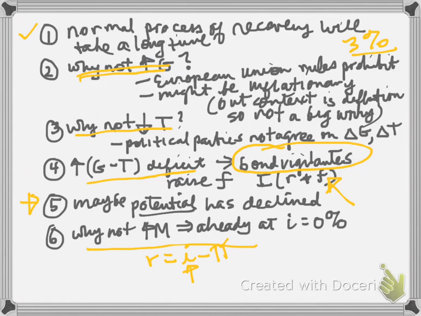Expansionary monetary policy might slow down the rate of deflation, and that paradoxically then might make the real interest rate higher rather than lower.